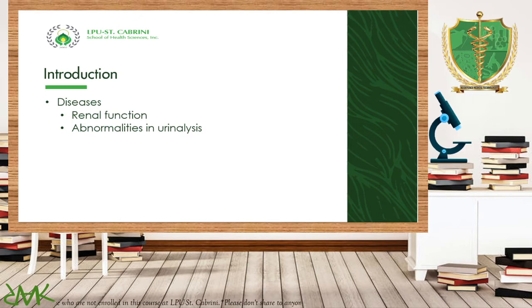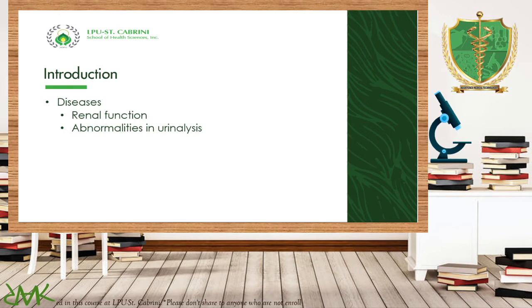Now, renal disorders are classified into glomerular, tubular, or interstitial, based on the area of the kidney primarily affected. In order for us to remember this topic, it is important to remember the function of our kidney.